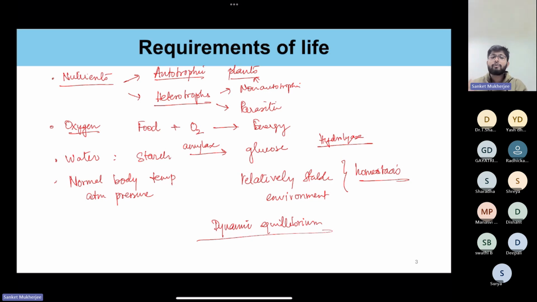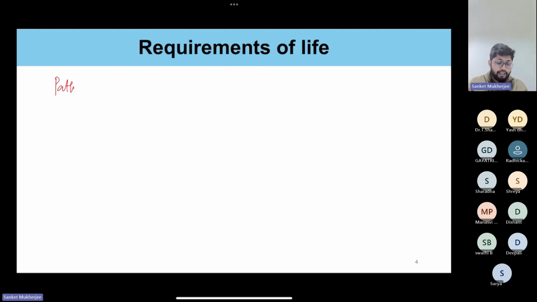And in all these processes, somewhere or the other, enzymes are functional. We will talk about it. So let's say a pathogen enters your body.